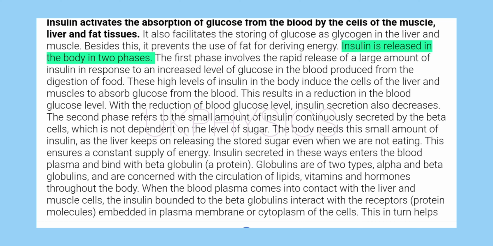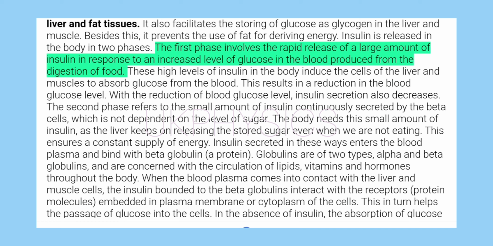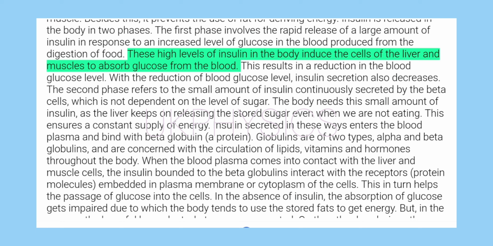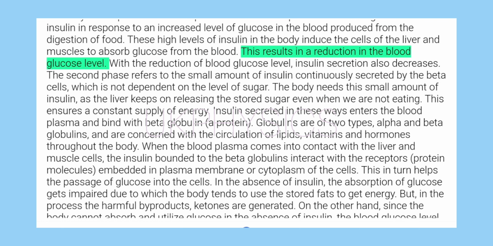Insulin is released in the body in two phases. The first phase involves the rapid release of a large amount of insulin in response to an increased level of glucose in the blood produced from the digestion of food. These high levels of insulin in the body induce the cells of the liver and muscles to absorb glucose from the blood. This results in a reduction in the blood glucose level.